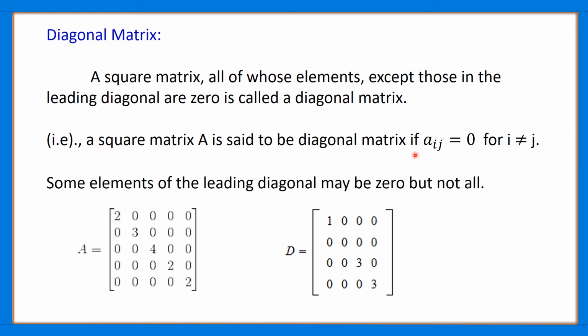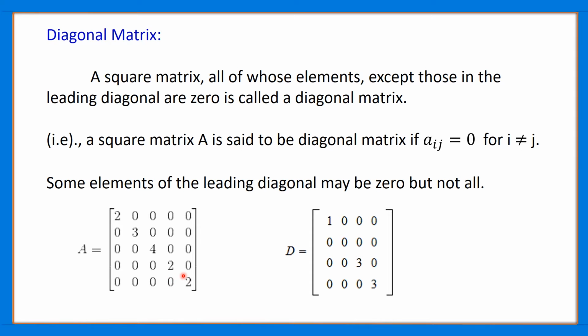So, if we take an example, the matrix A, which is given as 2 0 0 0 0 0 3 0 0 0 0 0 4 0 0 0 0 0 2 0 0 0 0 0 2.